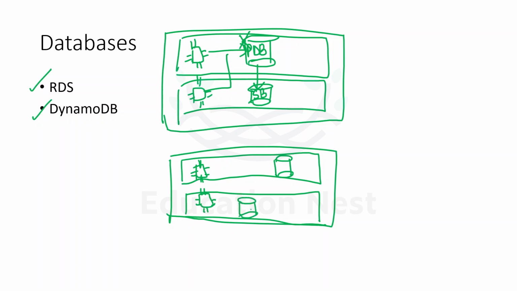So the standby instance that we had would be promoted to primary database and a new standby would be created in the availability zone. They both would again be in sync and the traffic would be handled by the promoted standby database instance. So this will allow you to protect yourself from the availability zone failure.